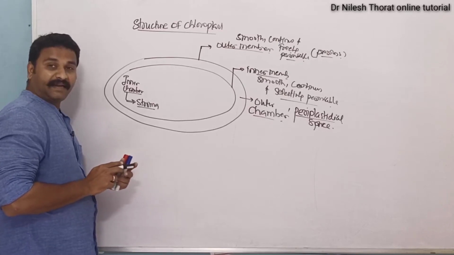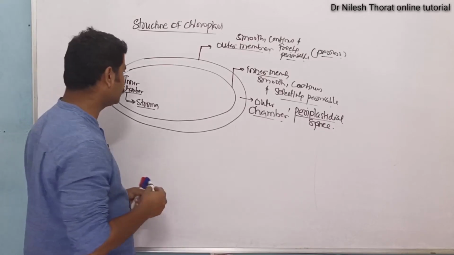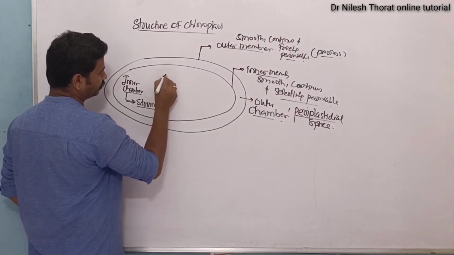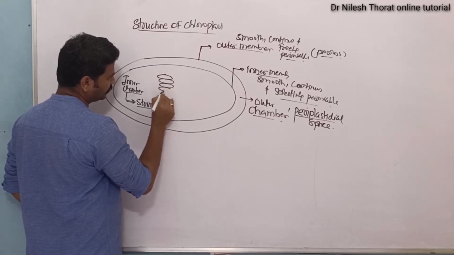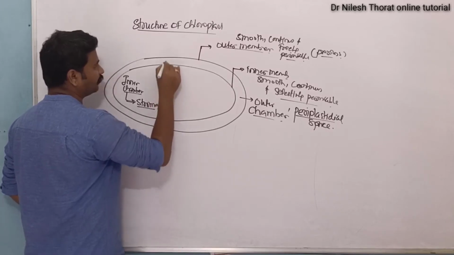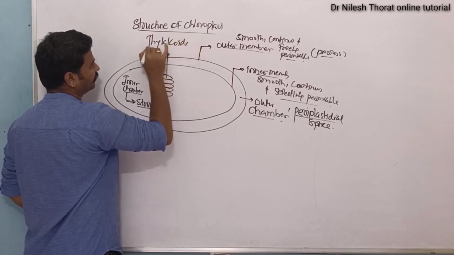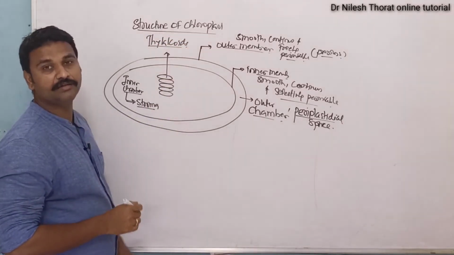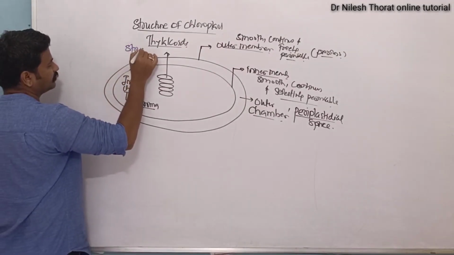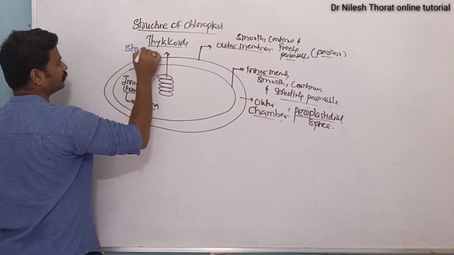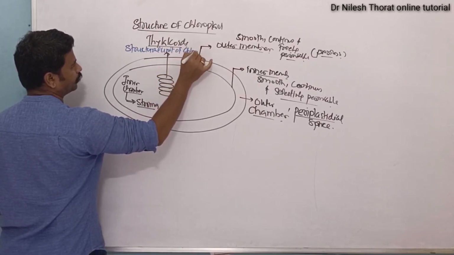Now, inside the stroma, we can visualize saccular disc-like structures which are called as thylakoids. Thylakoids are considered as the structural unit of chloroplast.